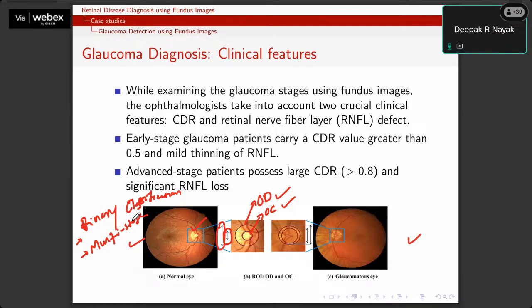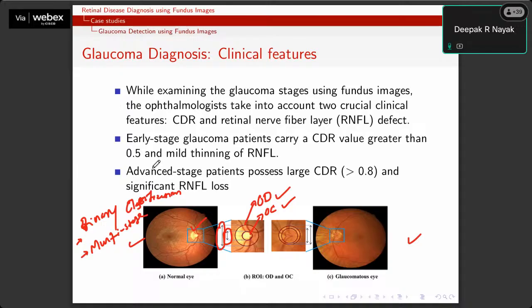We have been working on this particular problem statement for the last 5, 6 years. I've spent a lot of time with the doctors, especially the ophthalmologists, to decide what kind of problems we should solve.